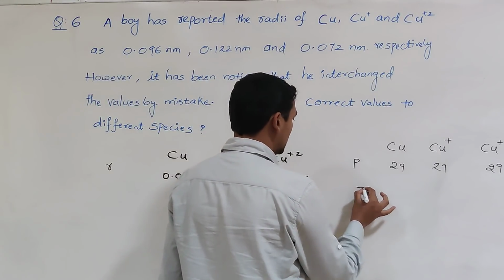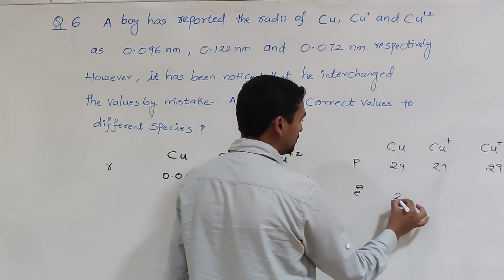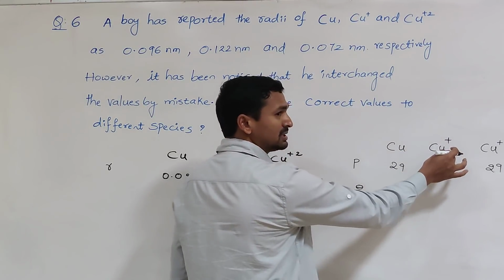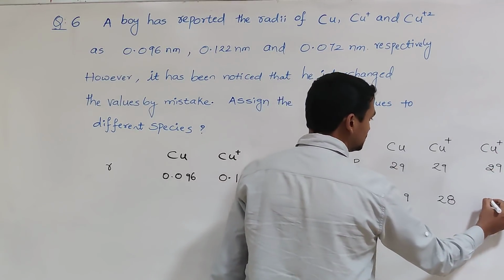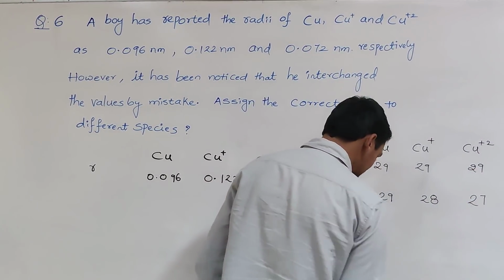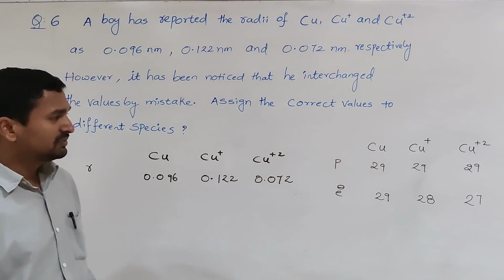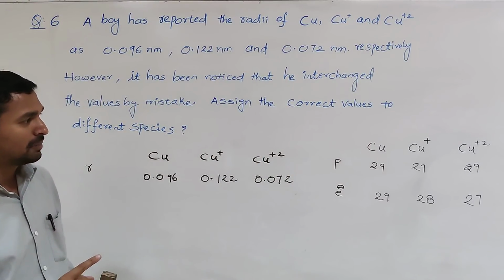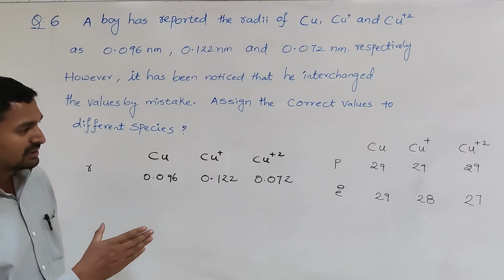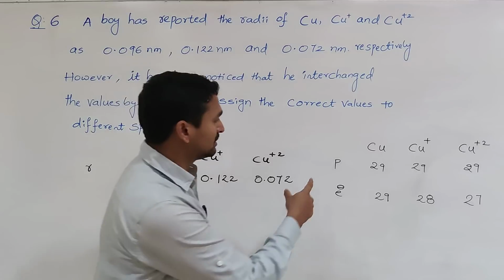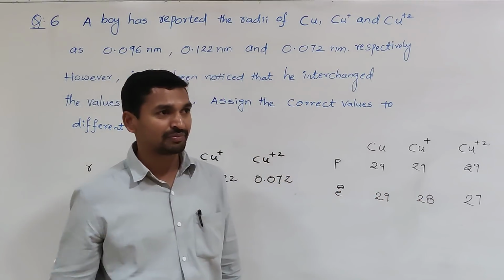But the number of electrons: copper, the neutral atom, has 29. Copper plus carries a positive charge, so 28. Copper plus 2 has 27. So as we move from copper to copper plus 2, the number of electrons decreases, but the nuclear positive charge remains the same.